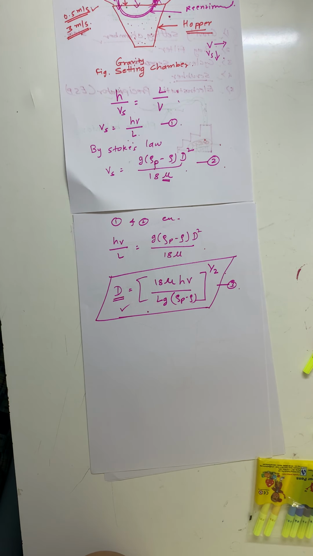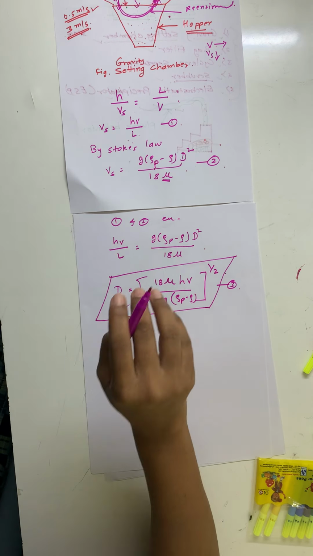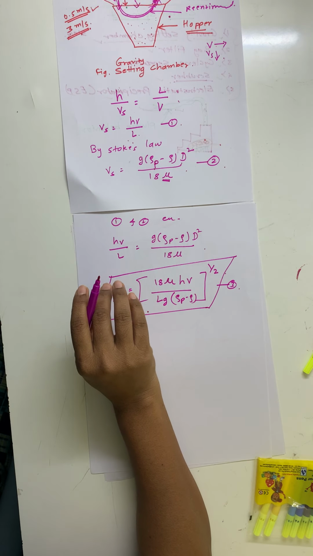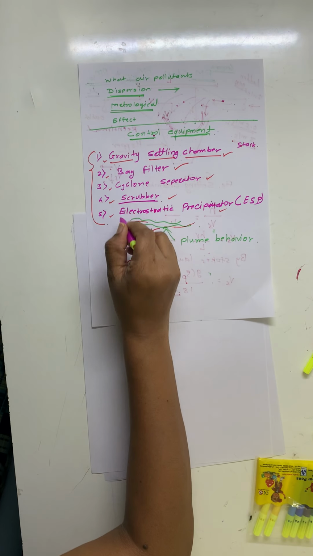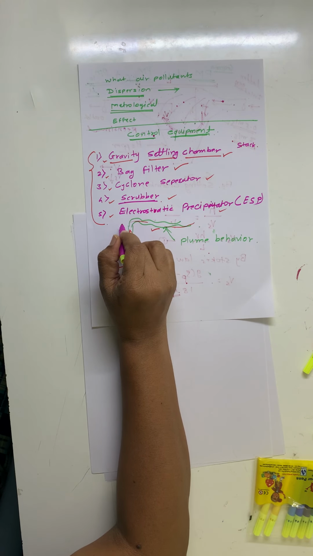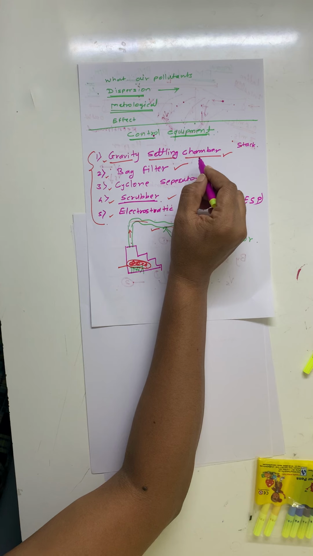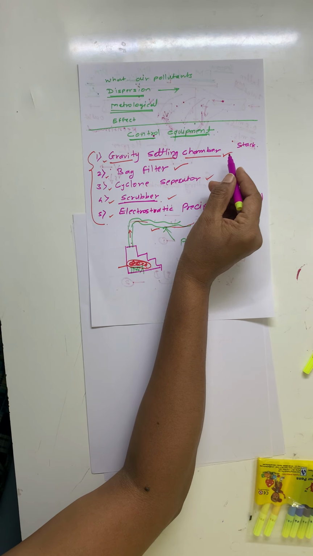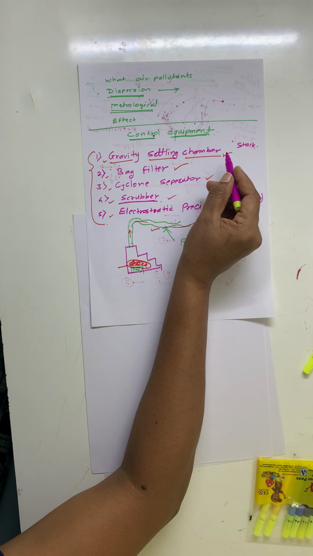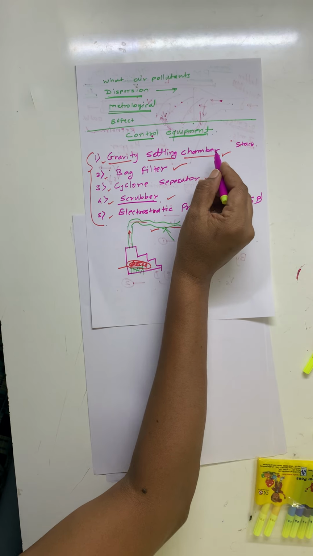Usually this equipment is used as the first equipment in a series. If you are using more than one equipment in series for the control of air pollution in the same industry, we have to use this as the first equipment, because it helps to remove the larger size particles.